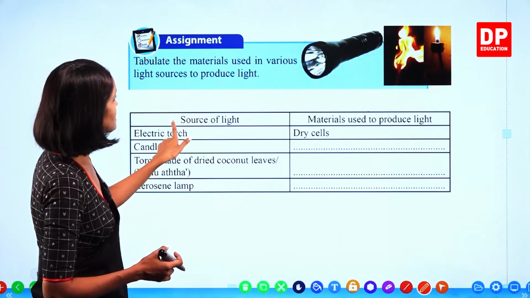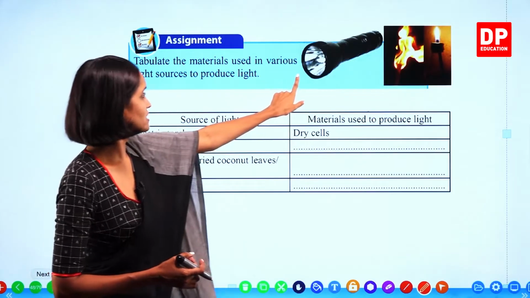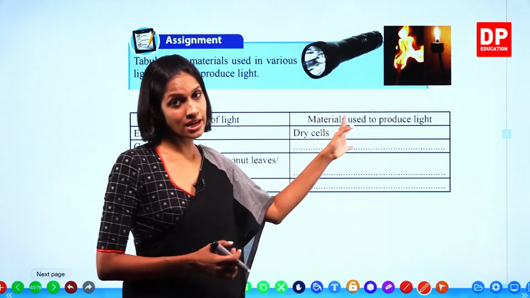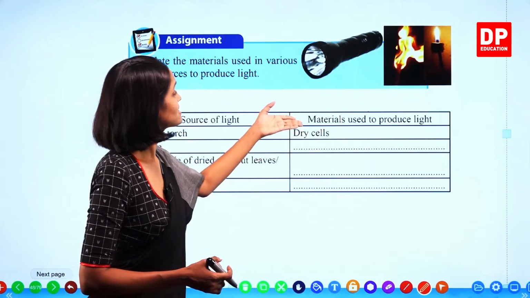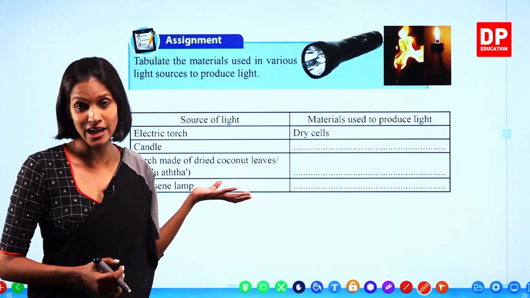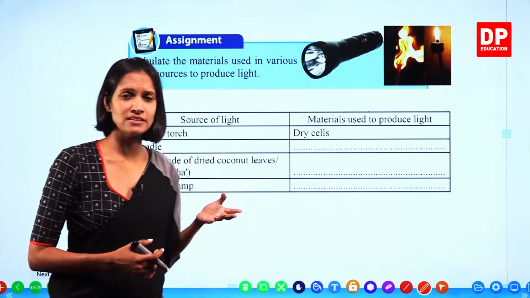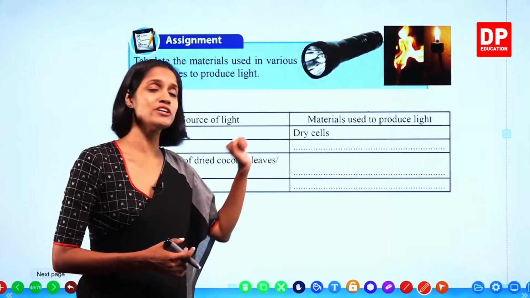The first one is electric torch. What are the materials used to produce light? You all know that you have to insert dry cells in order to get light, right? The dry cells can generate electricity. Now what is the energy transformation that takes place?